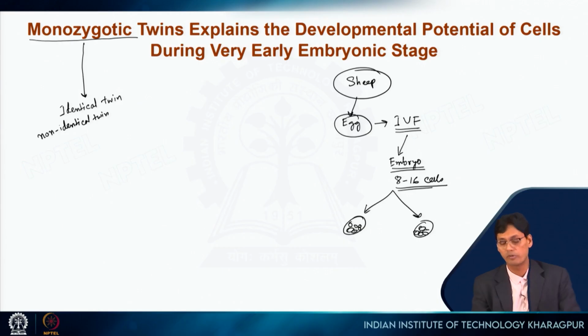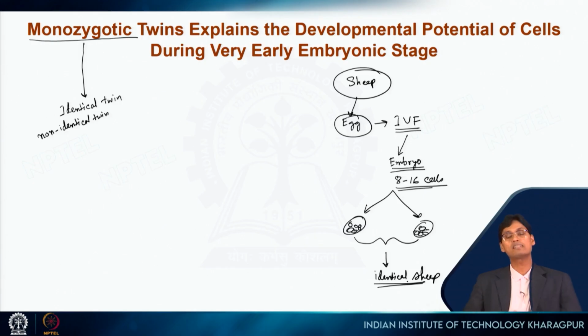And now, if these embryos are implanted in a surrogate mother, in this case sheep, then it will give rise to birth of identical sheep, just like our monozygotic twin.